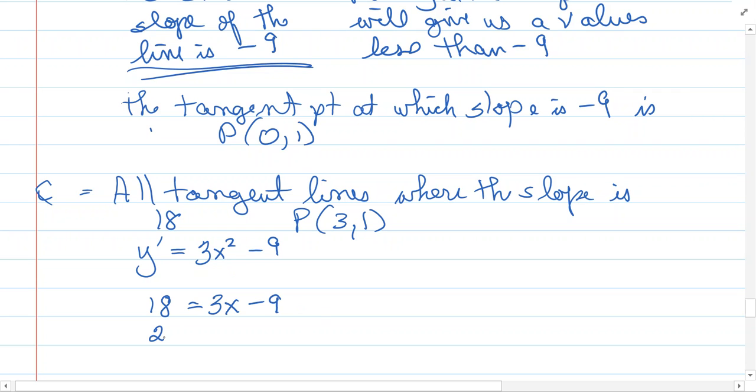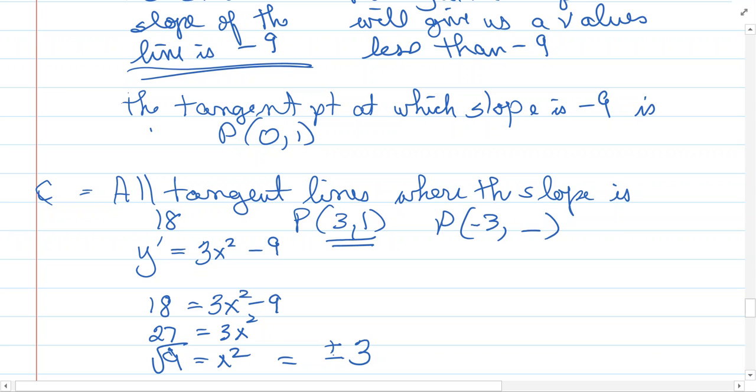So I'm going to have the 27 equal to the 3x squared, sorry about that. And then I'm going to divide, so I'm going to have 9 equals x squared. When I do this, I'm going to get plus or minus 3. Now, the ordered pair we have was for the plus one, so we need the negative one.